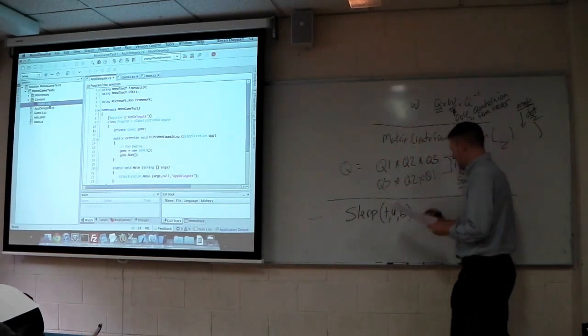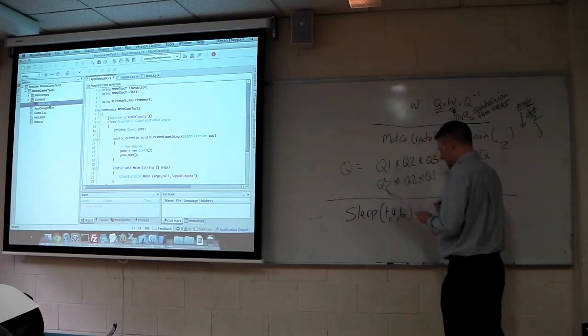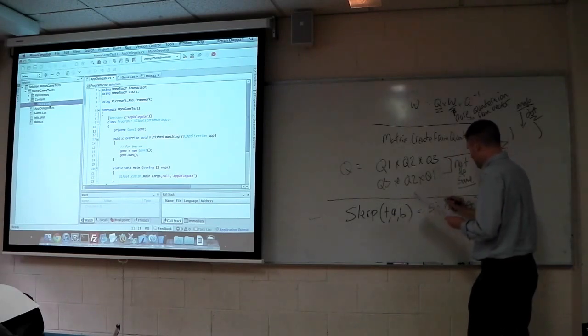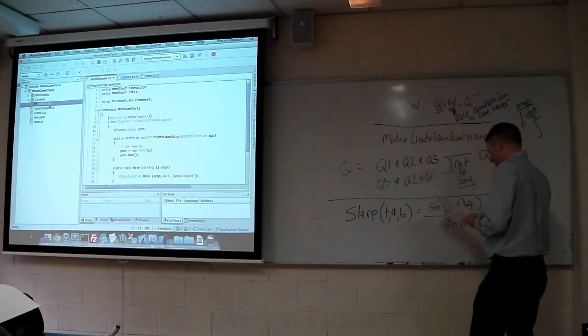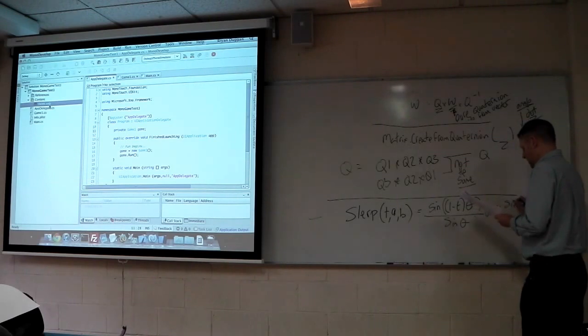It's sine of (1 minus T) times theta, all over sine of theta, times the first quaternion, plus sine of T times theta over sine of theta, times the second quaternion.